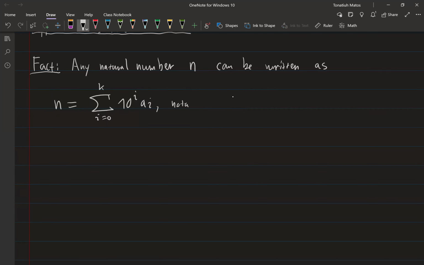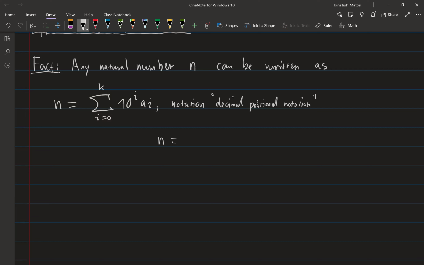The common notation is called the decimal digits notation, or the decimal numeral system. Decimal positional notation is that you already know that n can be written in this way.